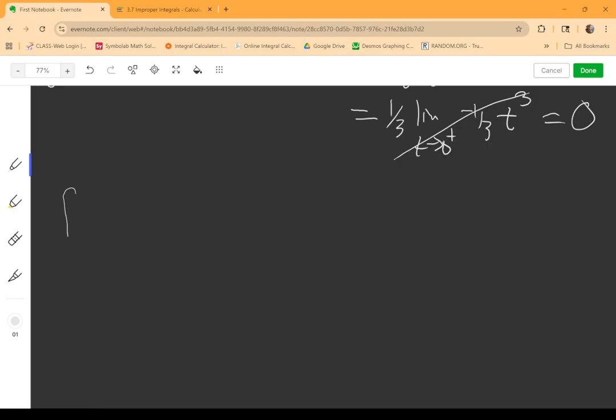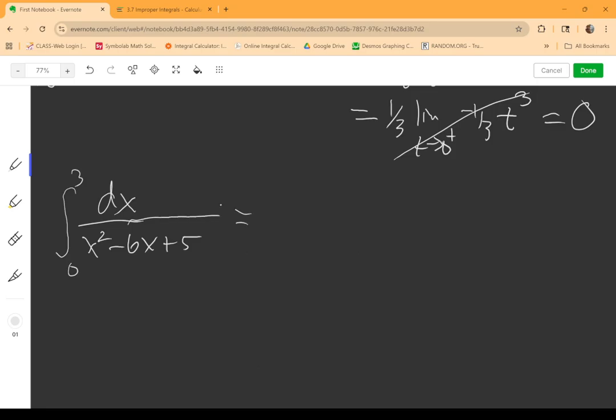All right, now let's take a look at this example here. From 0 to 3 of dx over x squared minus 6x plus 5. Okay, so once again, we'll start off here.